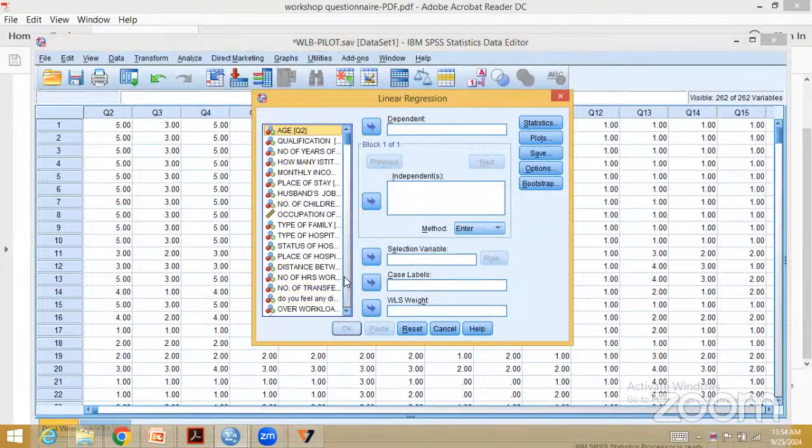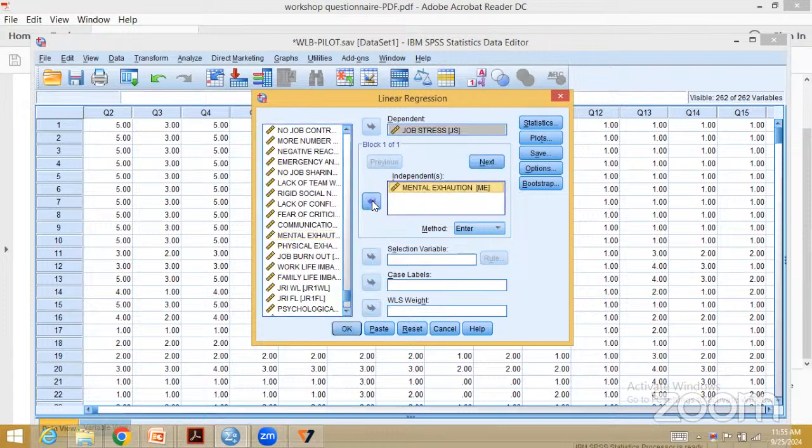Our dependent variable is job stress. Our independent variable is mental exhaustion. Mental exhaustion and physical exhaustion will create job stress, or job stress is a function of mental exhaustion.